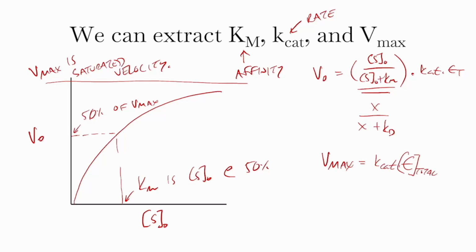So you can get to the Vmax by asking, what is the highest curve on there? That's your Vmax. What's your Km? Km is the S naught at 50% of whatever the Vmax value is. And then what is your kcat? Your kcat is Vmax over your enzyme concentration, because if you're doing the experiment, presumably you know your enzyme concentration.